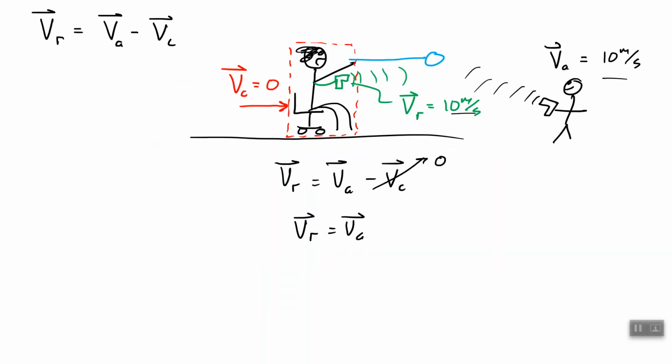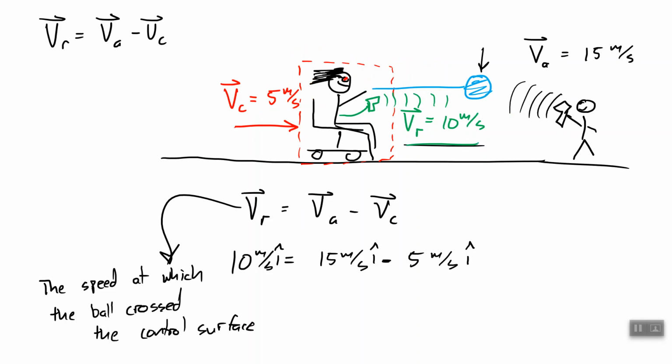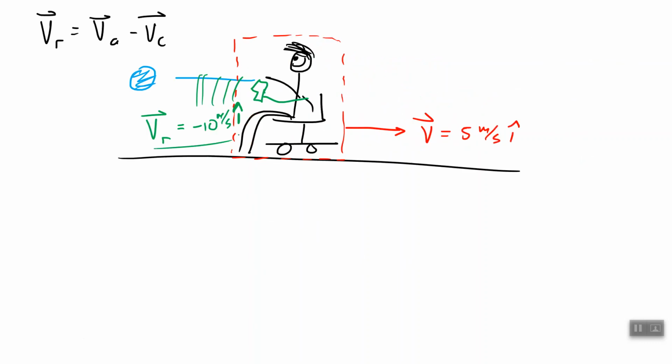Every time I'm throwing the ball at 10 meters per second, because that's how fast I can throw the ball, right? There's a negative this time because it's moving to the left. All right, so now I am moving to the right. The ball I threw to the left. So what is the person with the speed gun on the ground going to see?